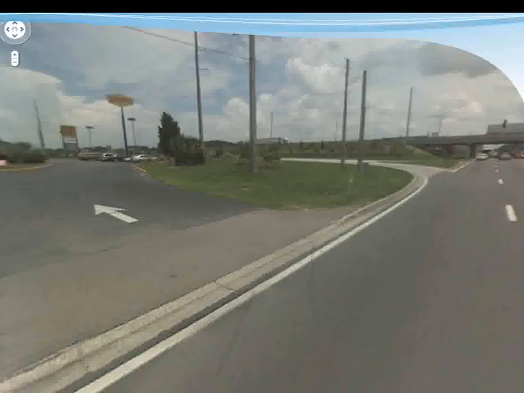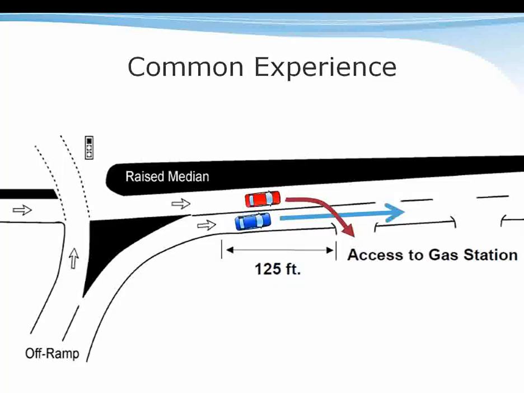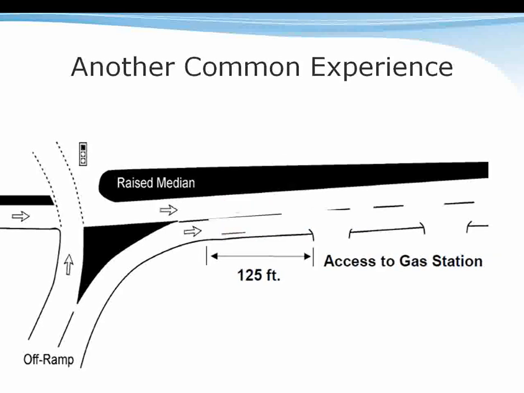Now take a look at this one off-ramp and how close that driveway is. One common experience that happens when the driveway is too close is conflicting vehicles of people wanting to go in and those people not wanting to go into that driveway.